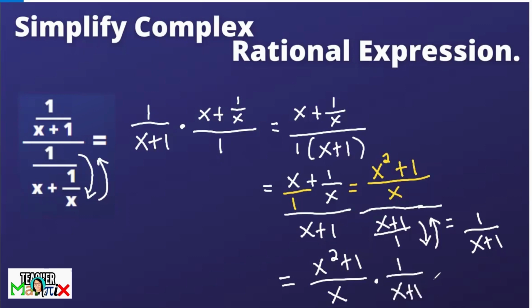Then simplify. Get their product. x squared plus 1 over, so, of course, you have to distribute this x times x squared plus x times 1, plus x.